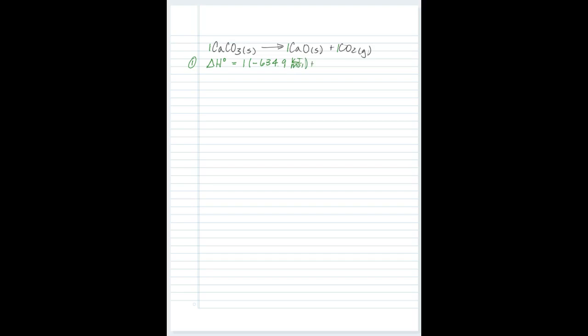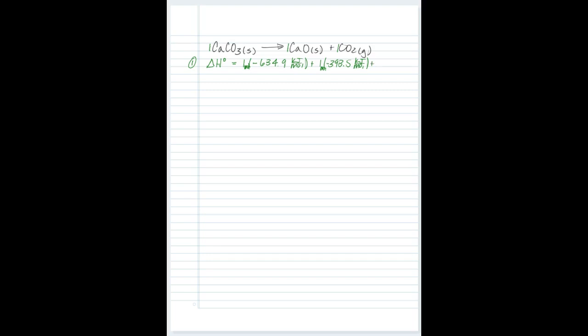Okay, and we're going to add that to the delta H of formation of carbon dioxide gas, which is negative 393.5 kilojoules per mole. And by each of these ones I can write moles, and you can see that the moles cancel out, and you'll just get kilojoules for the reaction as written.